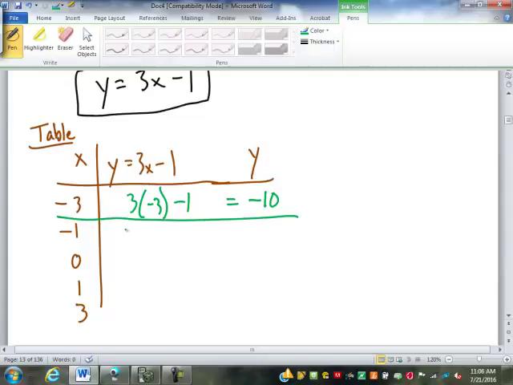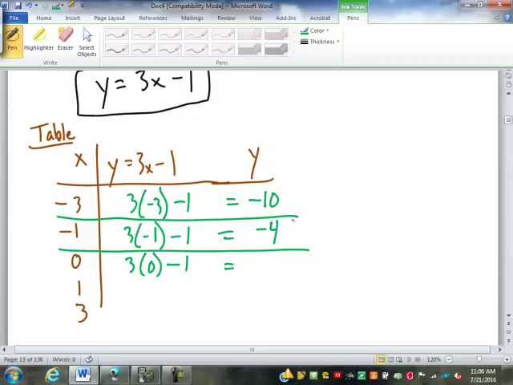If x is negative 1, y is 3 times negative 1 minus 1. What's 3 times negative 1? Negative 3 minus 1? Negative 4. If x is 0, y is going to be 3 times 0 minus 1. What's 3 times 0? 0 minus 1 is negative 1.